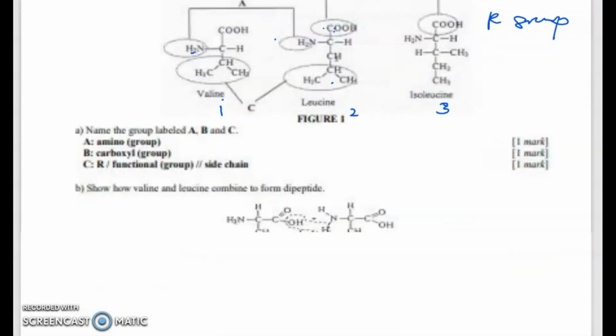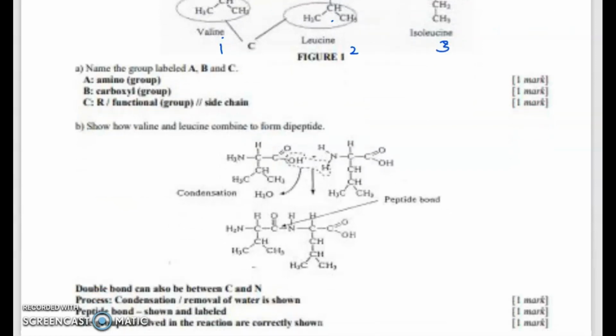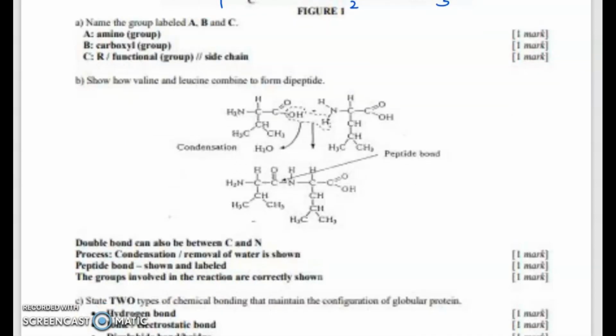Okay. Next. Show how valine and leucine combine to form dipeptide. Oh, look at here. The total mark is 3. Okay, dia dah bagi dah kamu siap-siap. Jadi hanya tiru sahaja. First, tiru structure of valine yang dia bagi tadi. Tiru sebiji.